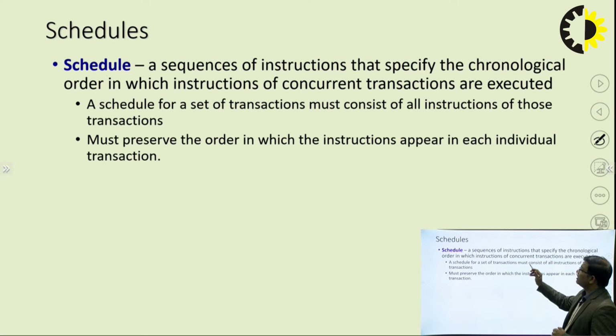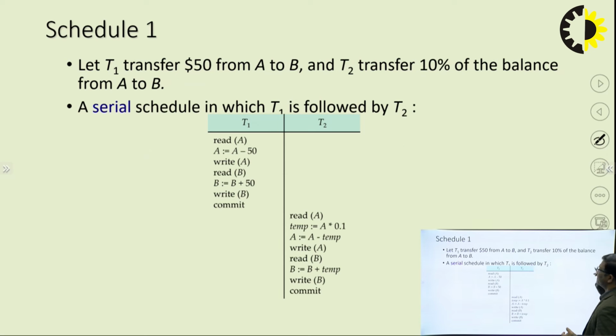The schedule is a sequence of instructions that specifies the chronological order in which instructions of concurrent transactions are executed. A schedule is a set of transactions, T1, T2, T3; T1 contains operations on A or B, like that. So this is an example of a schedule.